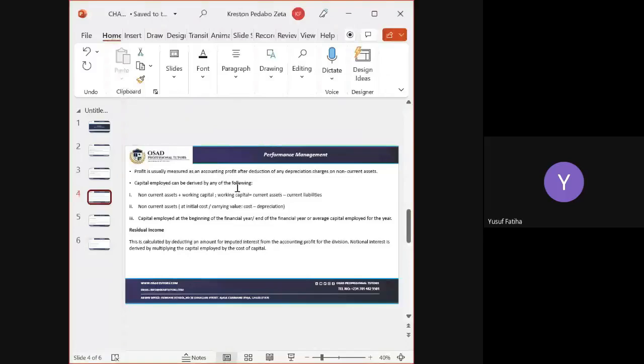But if we are asked to calculate the return for a department, including additional investments, then we're going to be using the capital employed for that particular department, along with the additional investments we just added. I'm not sure if you understand what I'm trying to say.